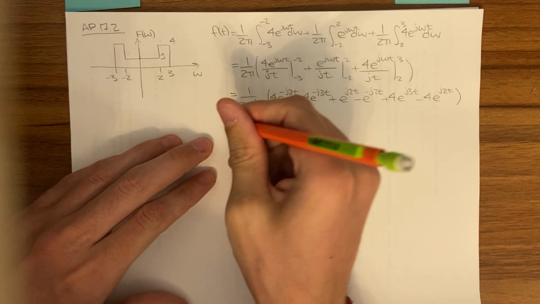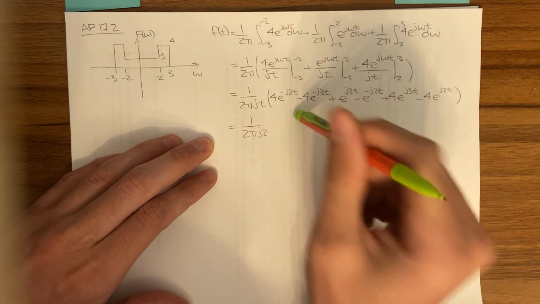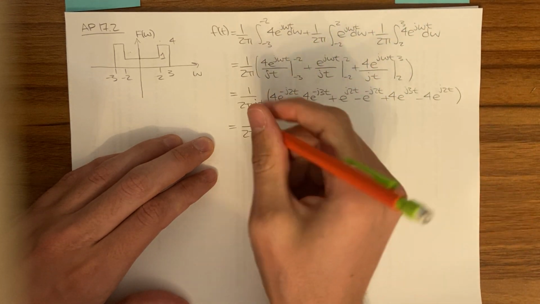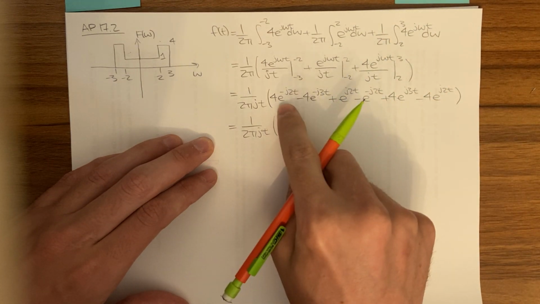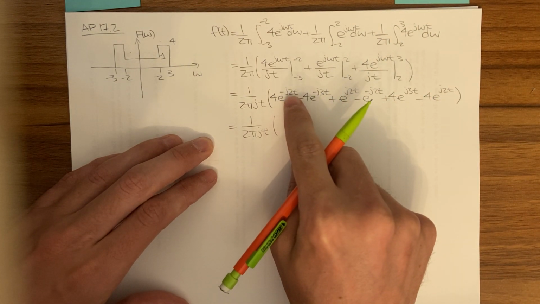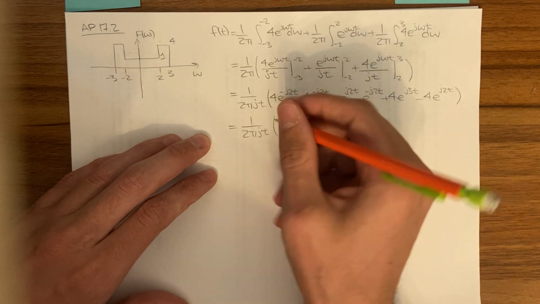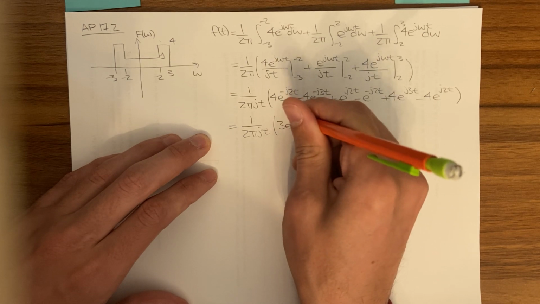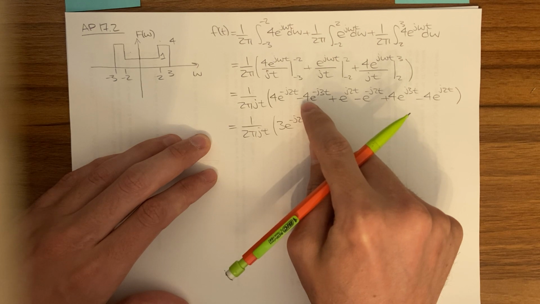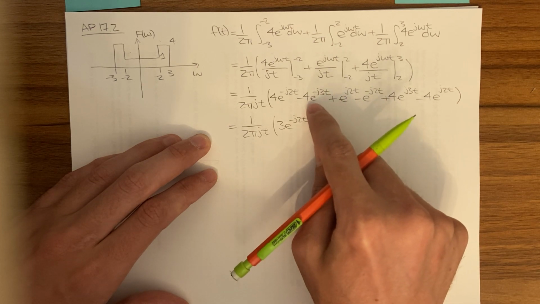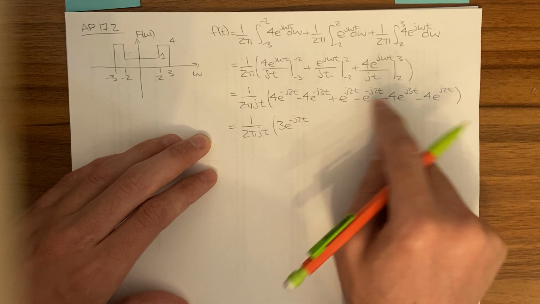Cool. So now we can start grouping some terms and simplifying this a bit. Here, that's e to the minus j 2t, so we can add these together. 4 minus 1 is 3. This one is not going to combine with anything. But this one's going to combine with this one, right?